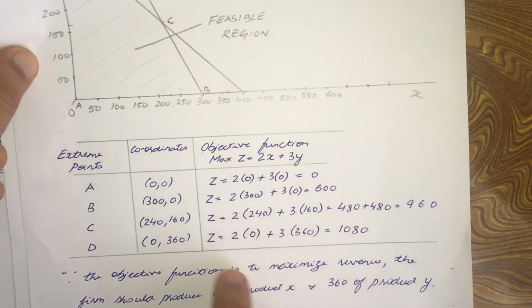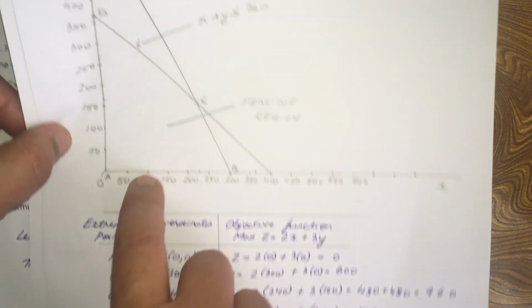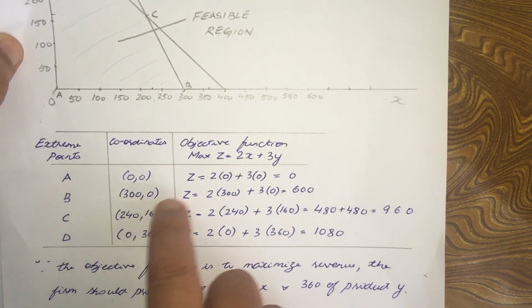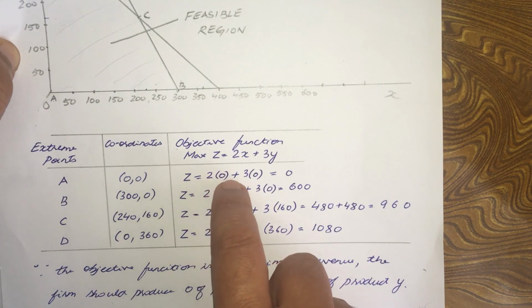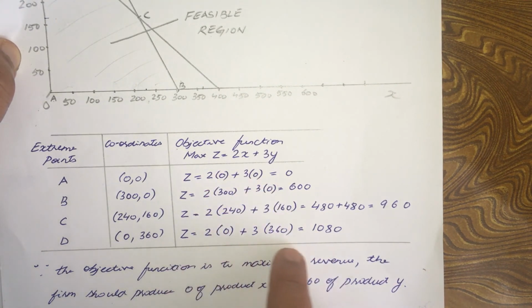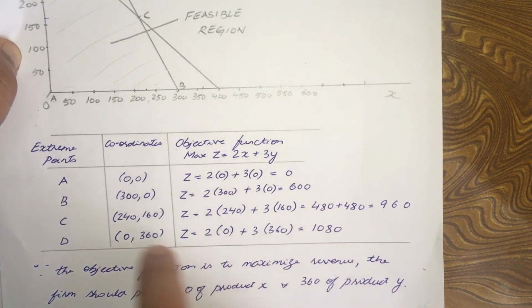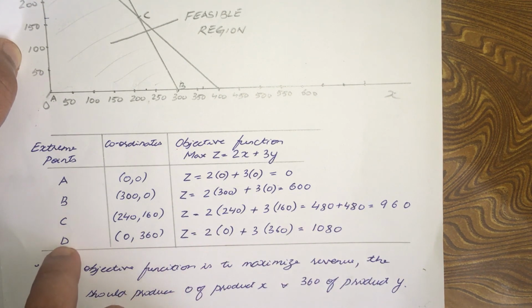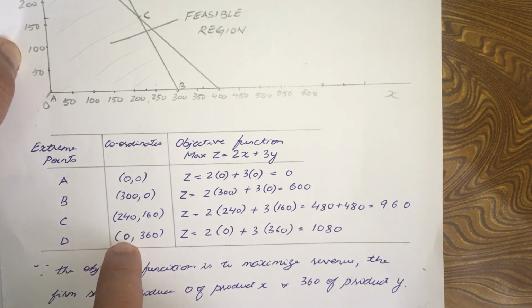Then find the coordinates of the extreme points or corners A, B, C, and D. Substitute the values in the objective function and find at which extreme point it is maximized. So it is at point D, where you produce 0 of x and 360 of y.